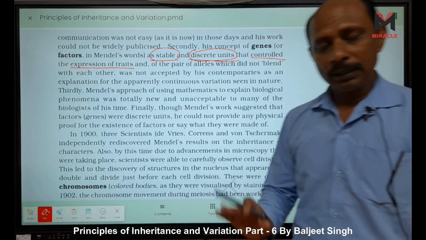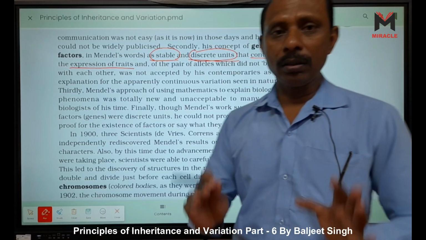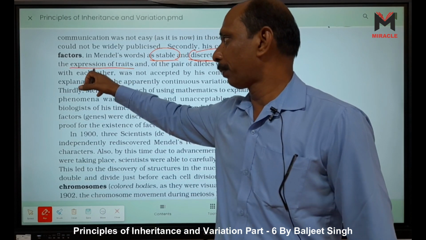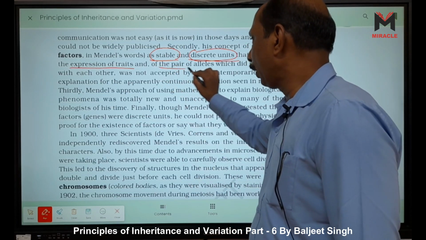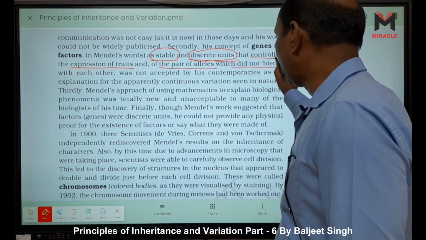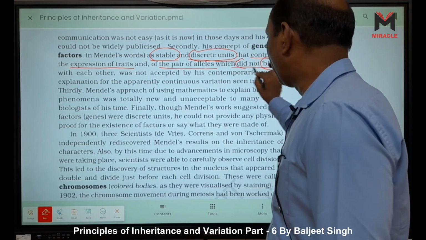He said they are stable and discrete units, but he could not give any proof of the presence of genes or factors, and of the pair of alleles which did not blend.